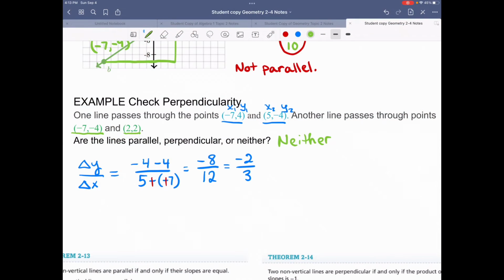Next, we will find the slope of the green line. So we're going to do the change in y over the change in x. And this will be our x1, y1, and our x2, y2. We're going to subtract the y's.